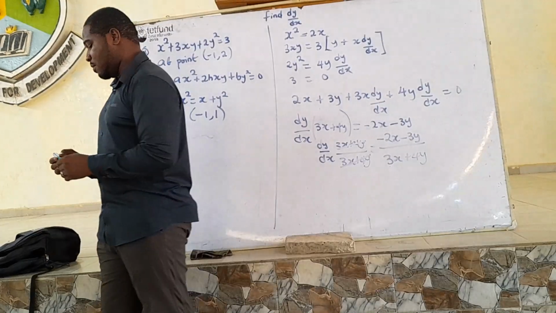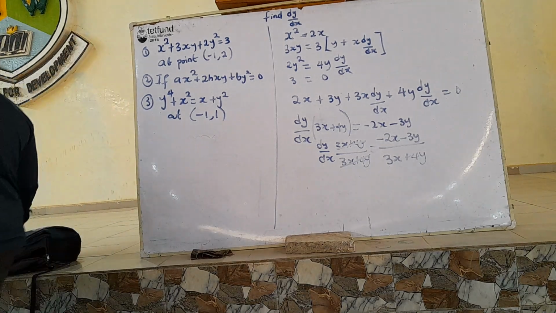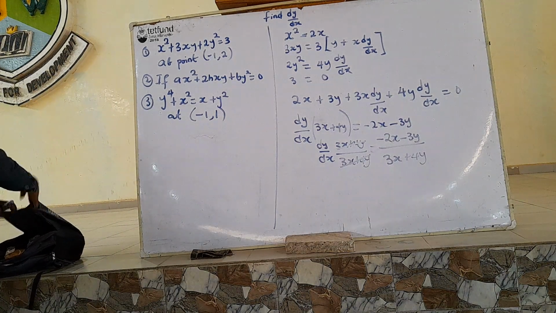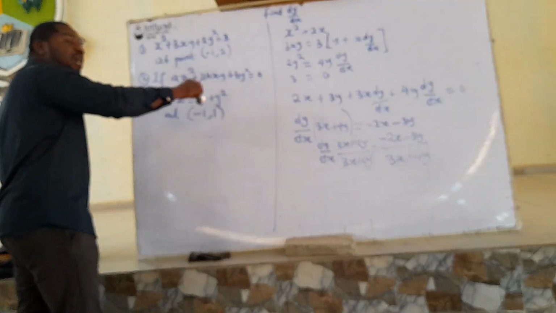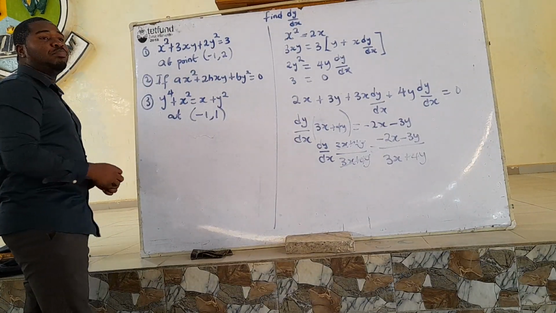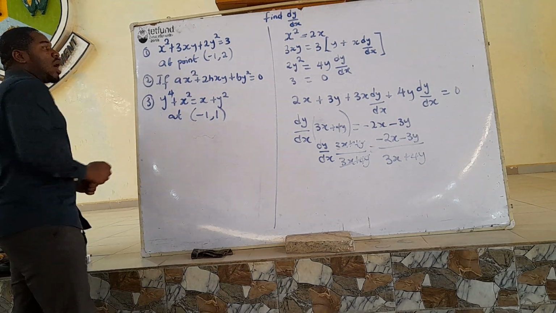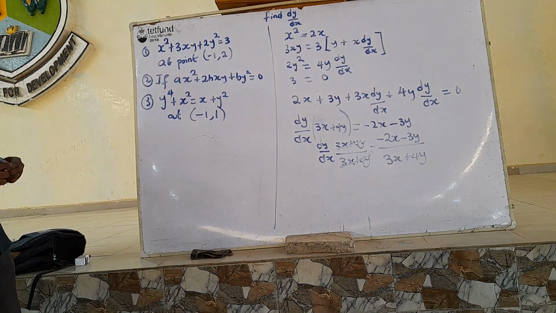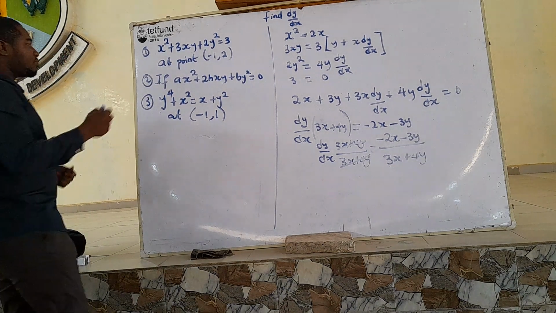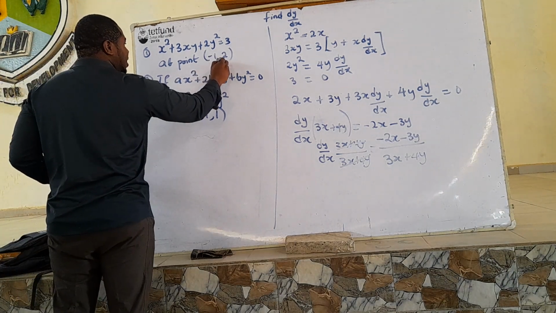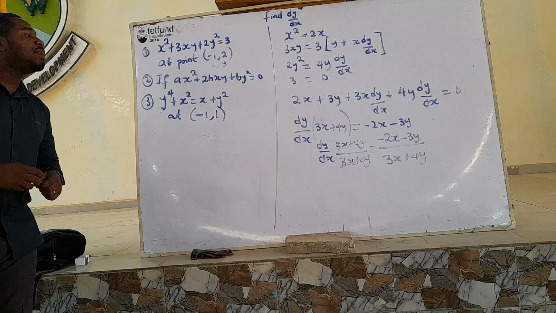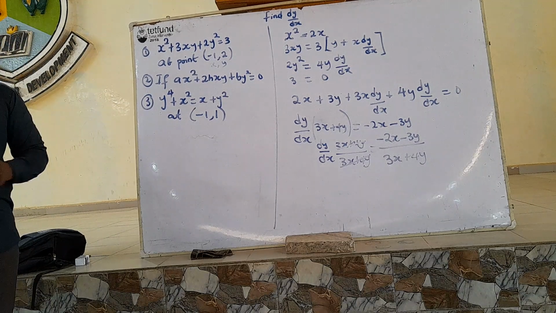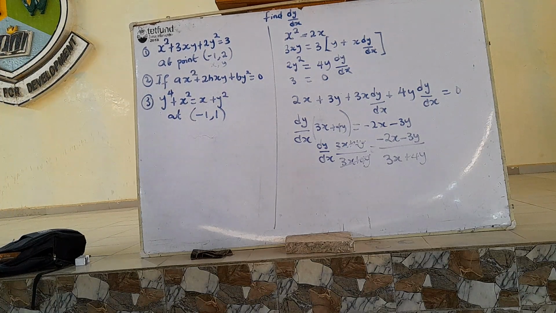Please, who has any question before I continue? Okay, so you don't have any question. The next thing you're going to do now is they say, what is this same dy dx at the point minus 1 and minus 2? It's very simple because this is just x and this is y. So what am I supposed to do? I'm going back to my result which I have obtained. Do you understand?